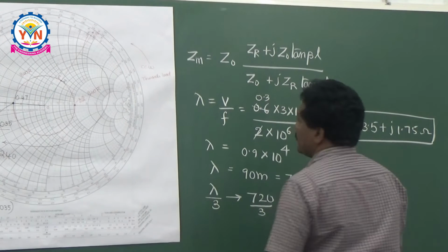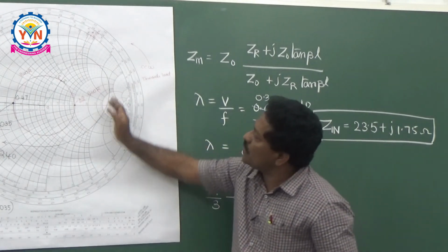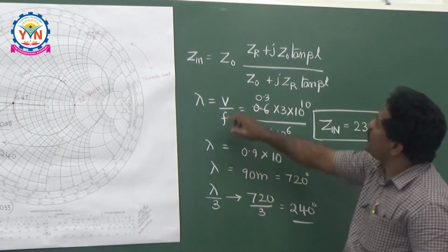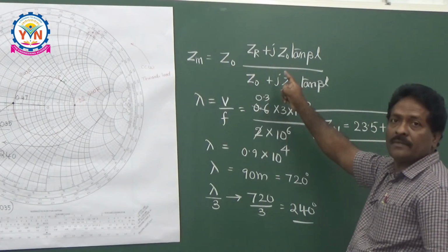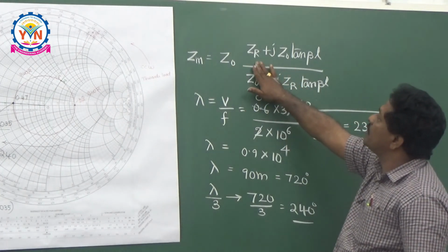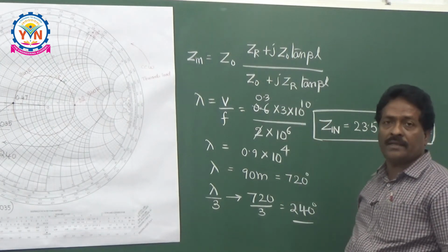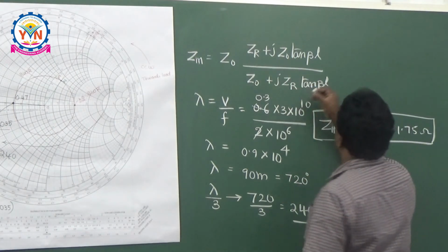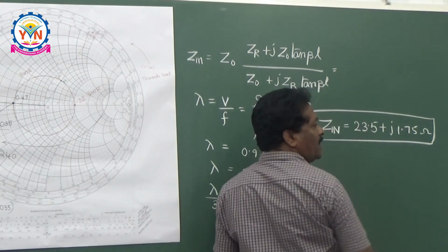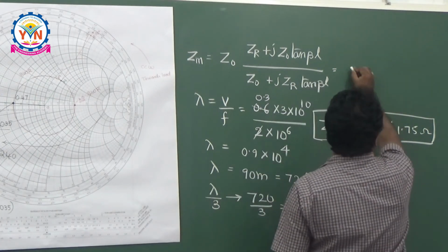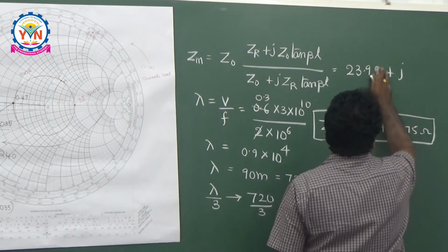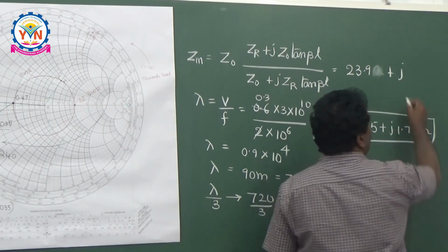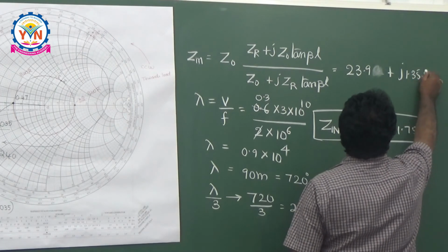You have got it. How simple it is. From the chart you have calculated like this. Suppose if you want this input impedance using the equation, you have to just substitute ZR as well as Z0 here. After the calculations, it will be equal to 23.9 ohms plus j 1.35 ohms.